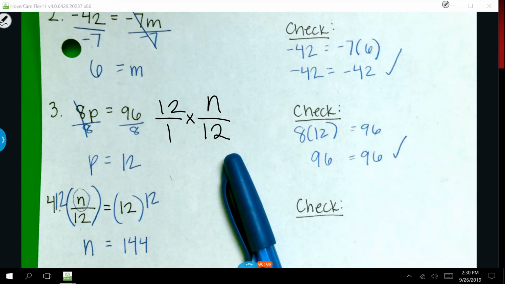When I cross simplify, my 12s cancel, correct? Or even if you don't cross simplify, you end up with 12n divided by 12. 12 divided by 12 is 1. So that's why you're left with just an n. That's why this is always an understood 1n, but you don't necessarily need that 1 there.